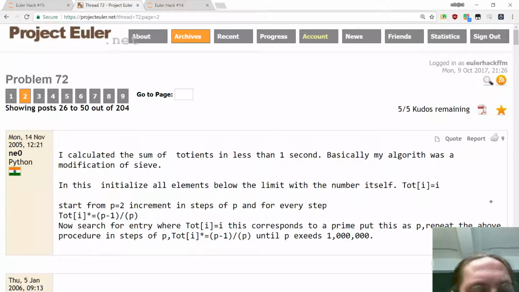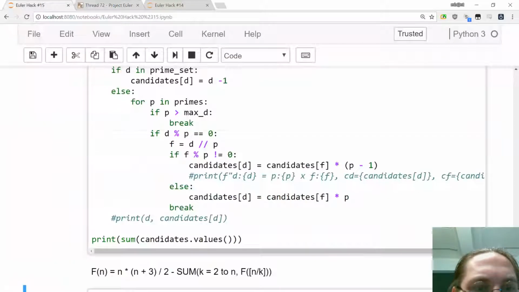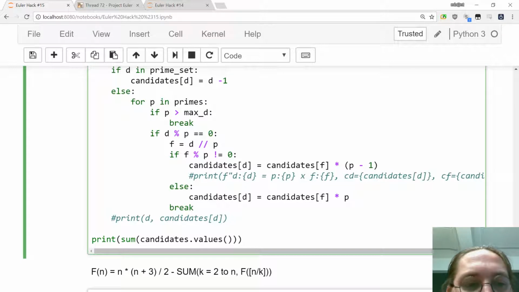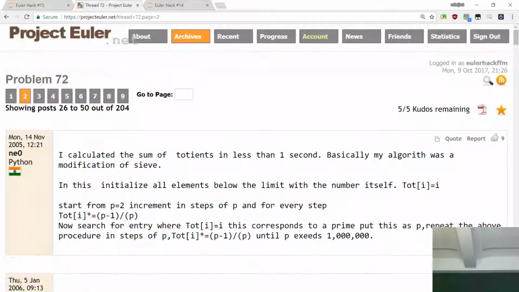Are we implicitly calculating the totient? Is this candidate somehow the totient? Yeah, that was the original guy that said the candidates is the totient, because it's exactly the number of co-primes, with no common divisors.